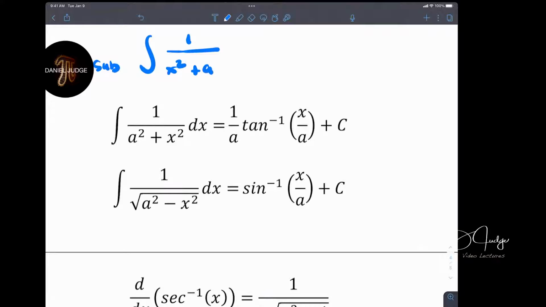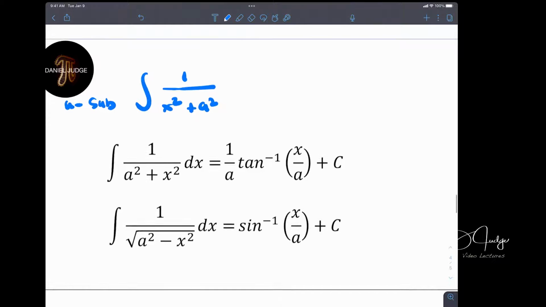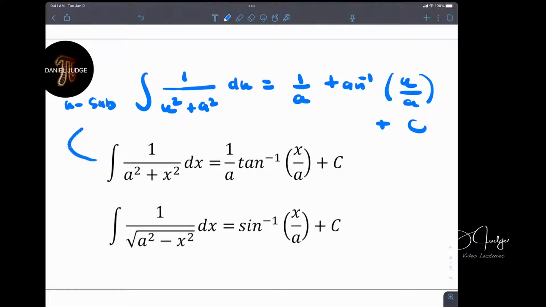This is x squared plus a squared, right? But now replace the x with the u. We're going to do the u substitution version, and that will be du, which gives us 1 over a inverse tangent u over a. And that'll be plus c. So let's do a plus c down here, I guess. Okay, so I'm looking here, and this is what I'm getting. I'm going to copy this.